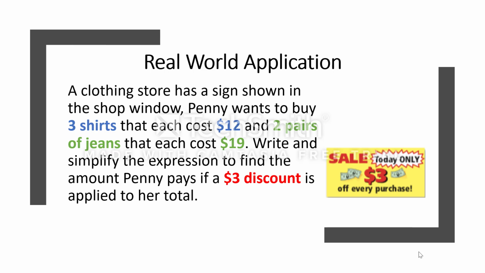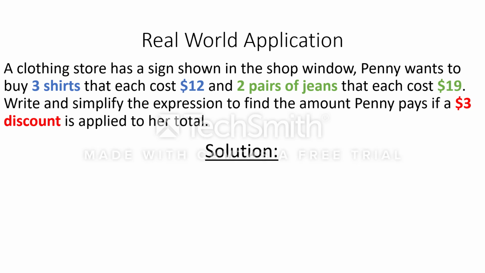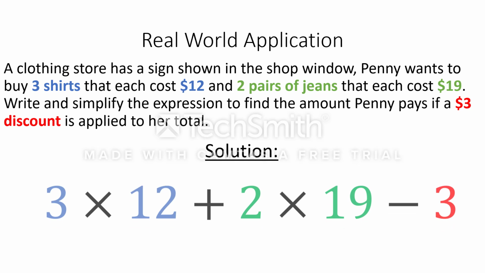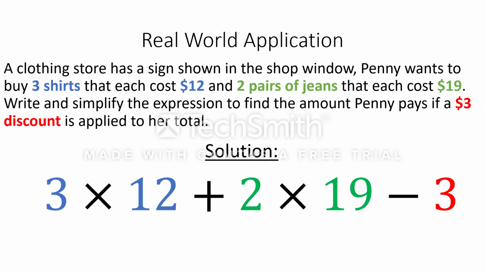Now back to our real-world application problem. Order of operations can be used to help us write and simplify the expression to find the amount Penny will have to pay if a $3 discount is applied to her total. Based on the real-world application problem, the expression to represent it is 3 times 12 plus 2 times 19 minus 3, where the blue 3 in the beginning multiplied by the blue 12 represents the number of shirts and the cost per shirt in dollars.